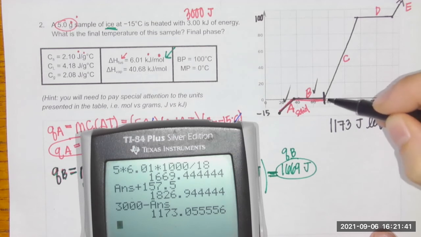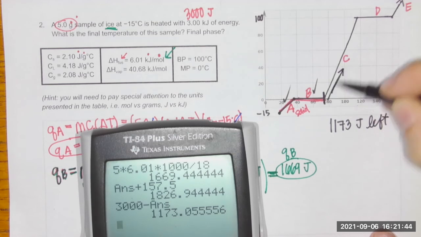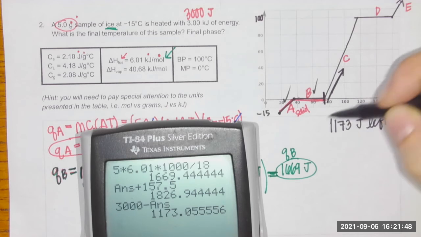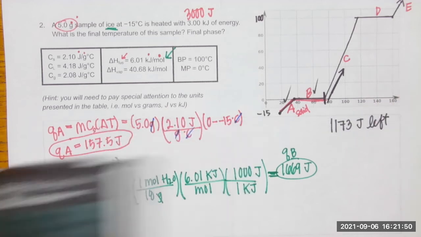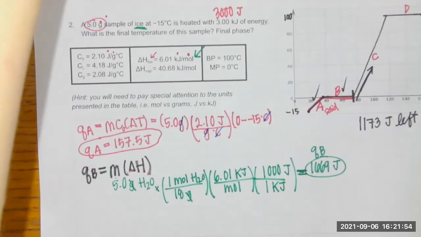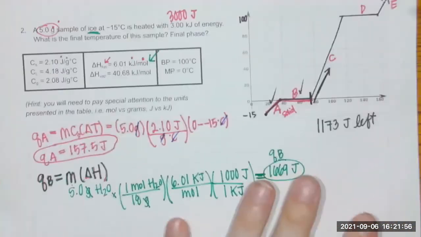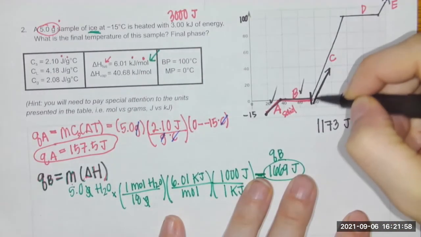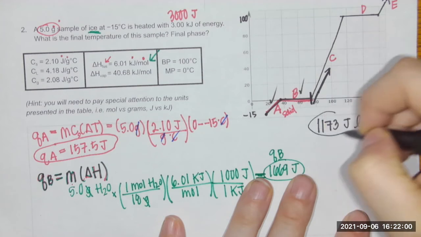We've got to see how far up part C we can go with just these 1,173 joules that are left. However far we make it up QC, that's what this equals.